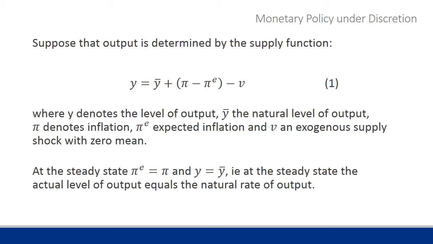And here we set these shocks as exogenously determined and with zero mean. Also, in the steady state, we know that inflation will be equal to expected inflation. So when y is equal to y bar, inflation must be equal to expected inflation. And also, when inflation is equal to expected inflation, y must be equal to y bar. So these are our steady state values for output and inflation.